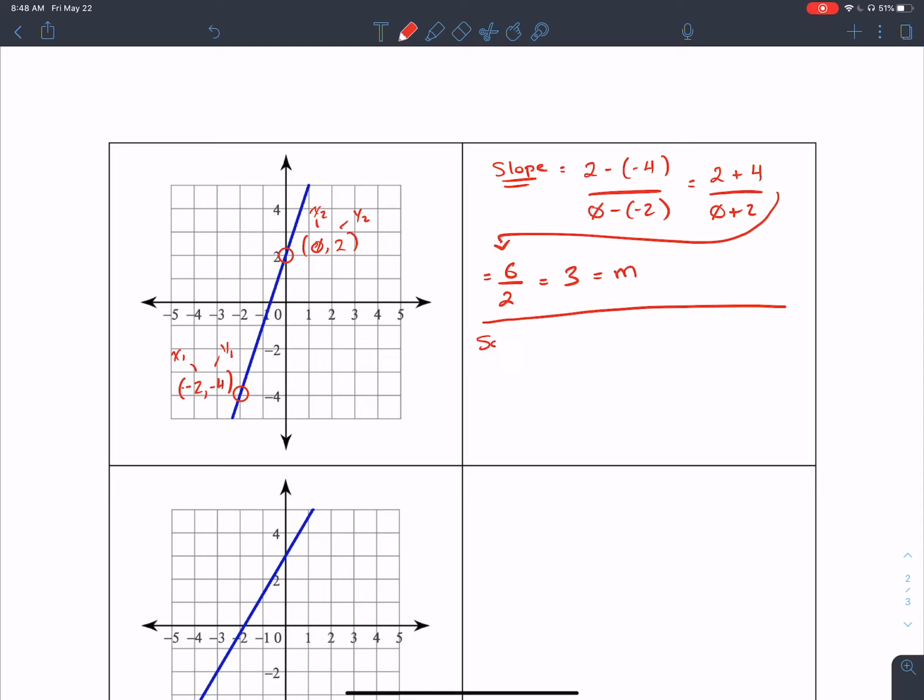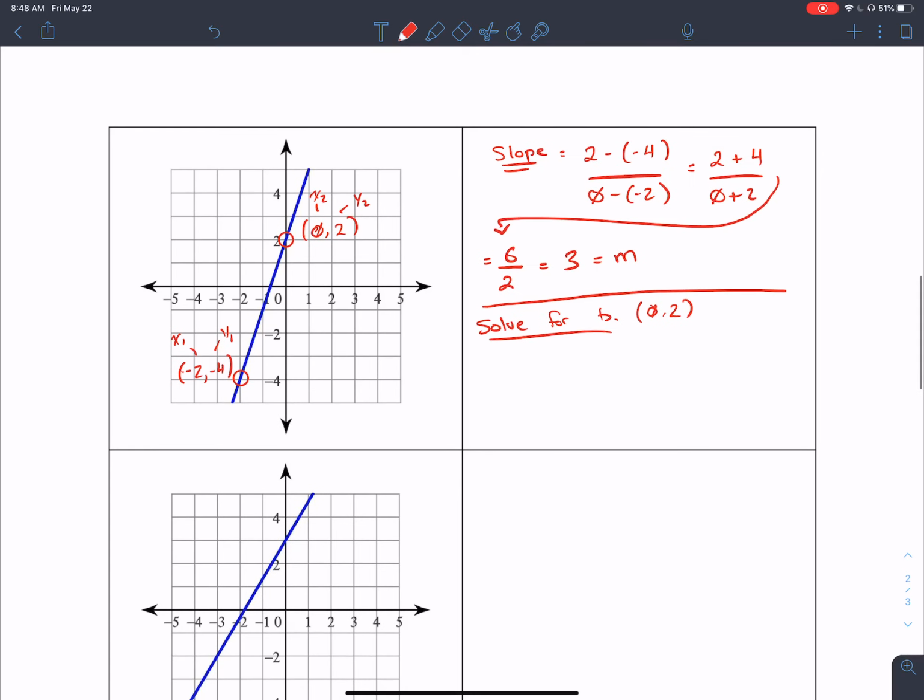I'll solve for b by plugging in. I'm going to use the point (0, 2). So I'm going to plug into y equals mx plus b: 2 equals, what was our slope? We said our slope is 3, times 0 plus b.